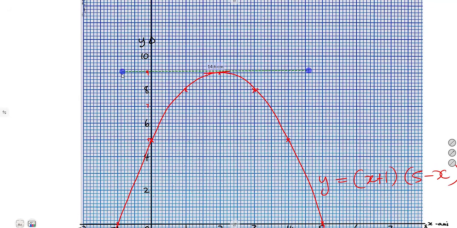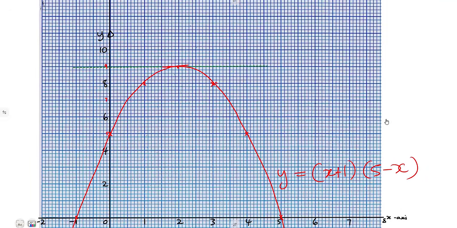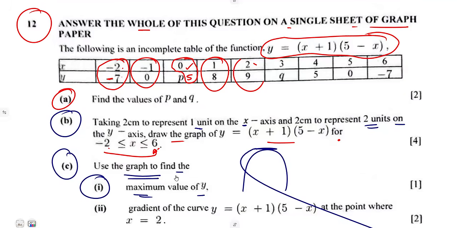If we draw a horizontal line at that turning point, it corresponds directly to 9 there. That's the y value that we are having at the maximum point. So the maximum value is the value of y there. So y is equal to 9.